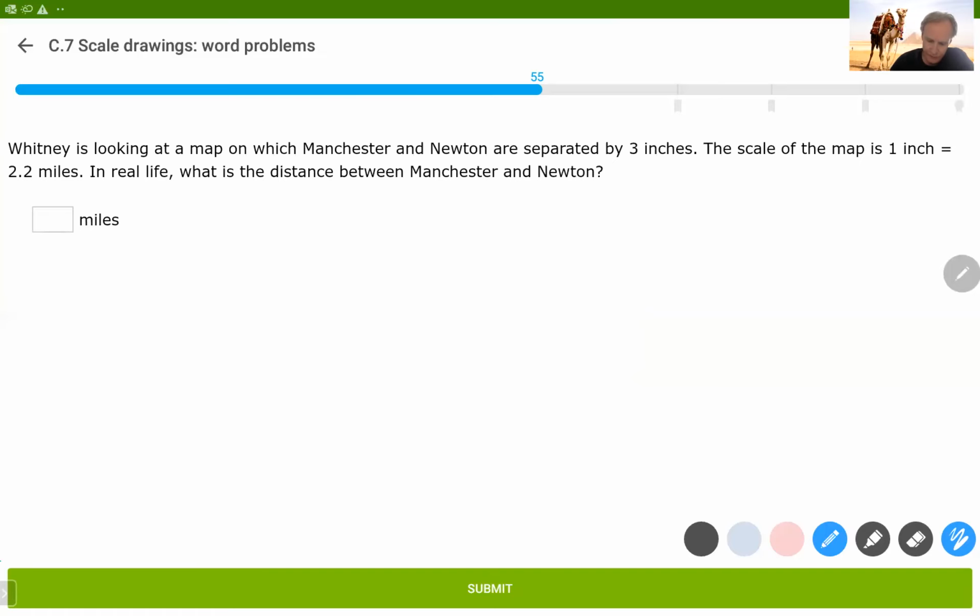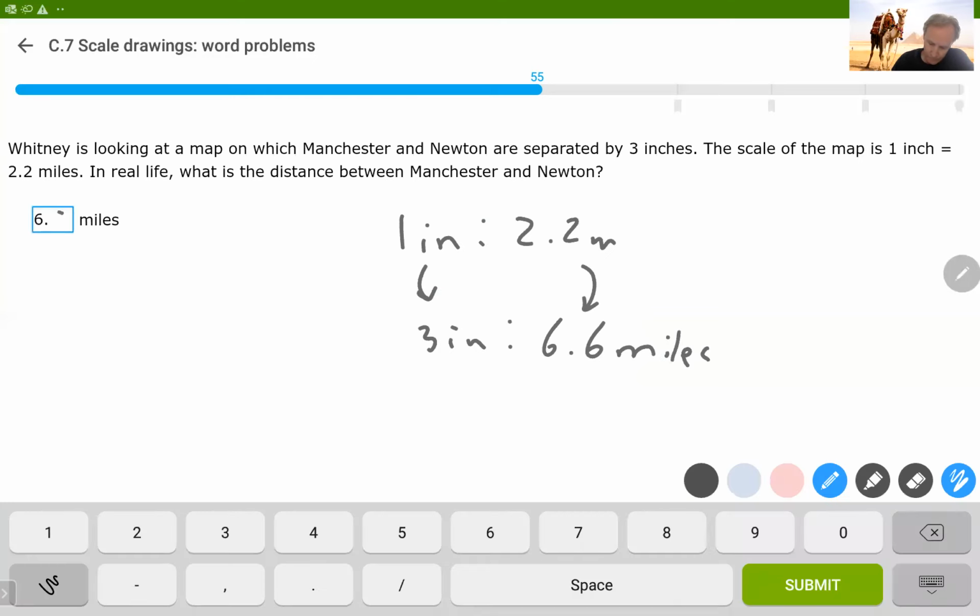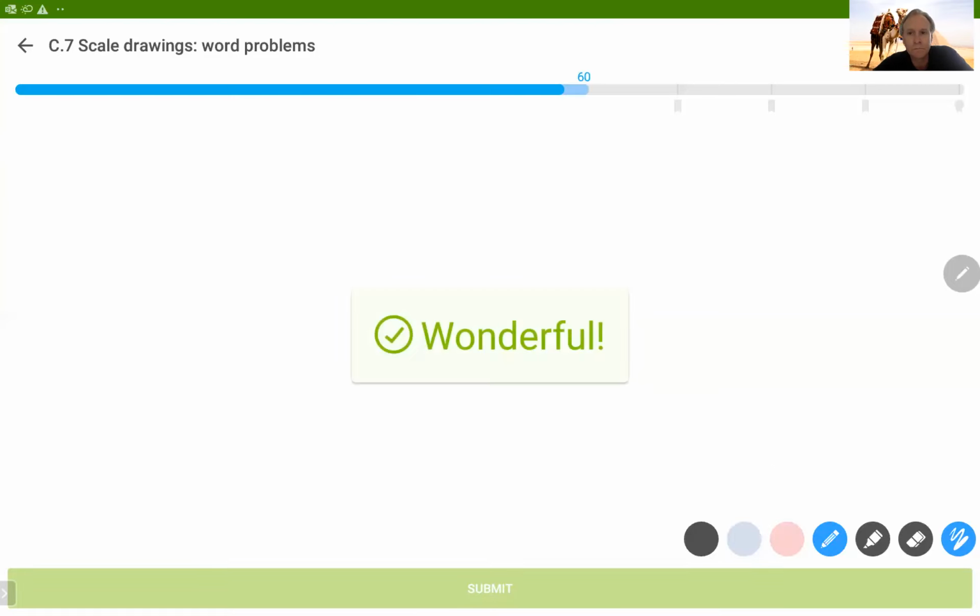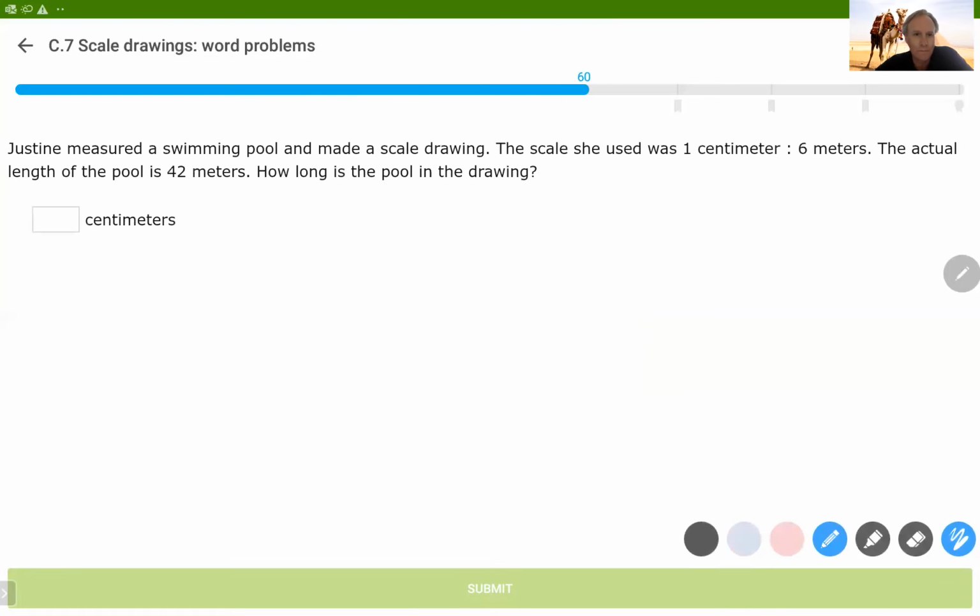1 goes to 2.2. 1 inch, excuse me, goes to 2.2 miles. If we want 3 inches, we multiply by 3, and we get 6.6 miles. One to 6.